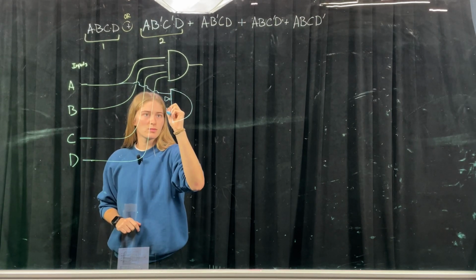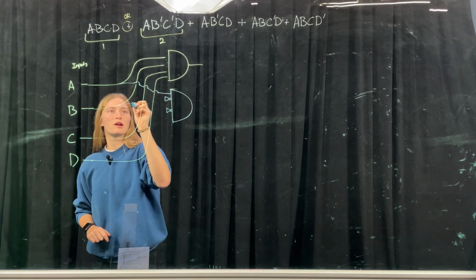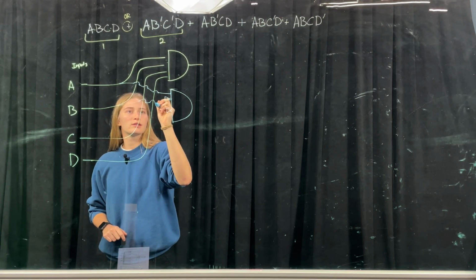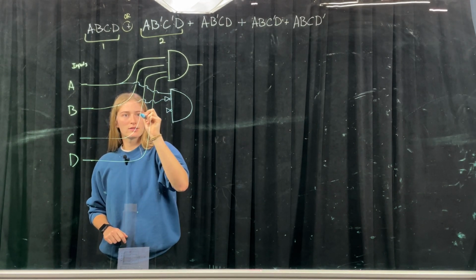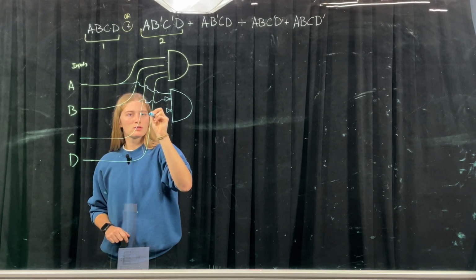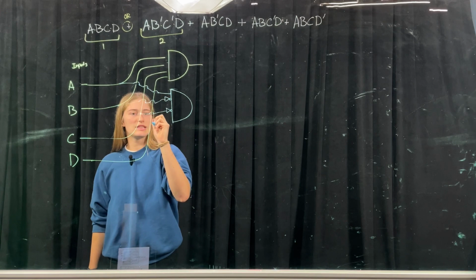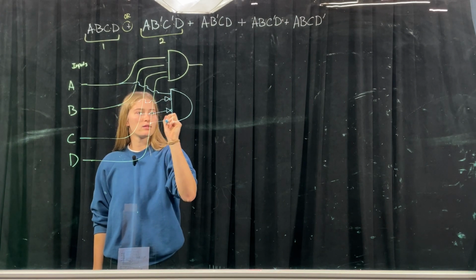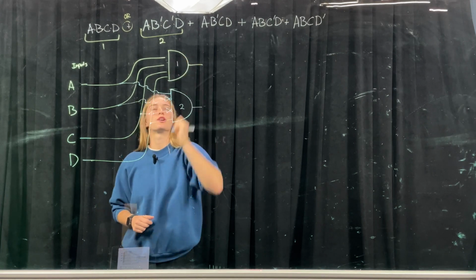C is knotted, so I'm going to add the knot gate right now, and then D is just normal. So we'll have B come in, not connecting to those wires. And lastly, notice that this wire right here is C. So I'll just have that come out from that connection. And here we have D, same thing, D coming in. So this is our second term. This is our first term.